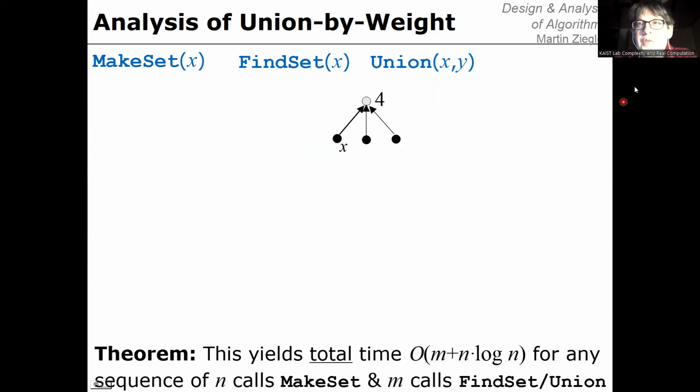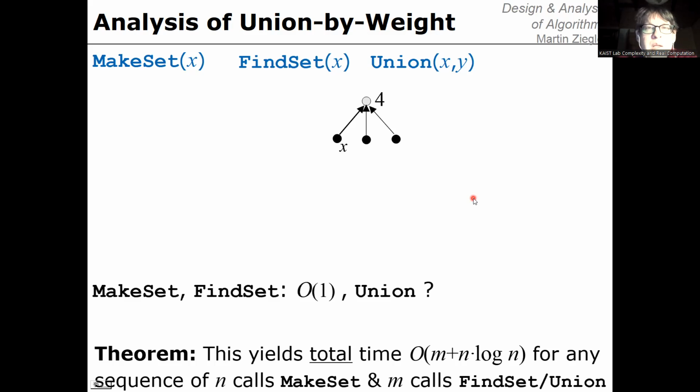And for the purpose of analysis, let's consider this example where we have one tree of height 1, right? Find set, as we saw, is already constant worst case cost. Make set is also constant cost.